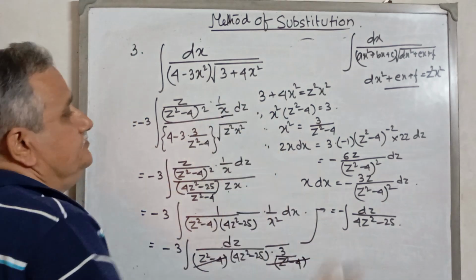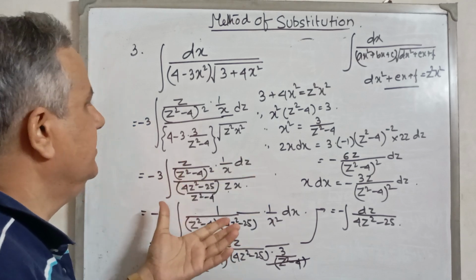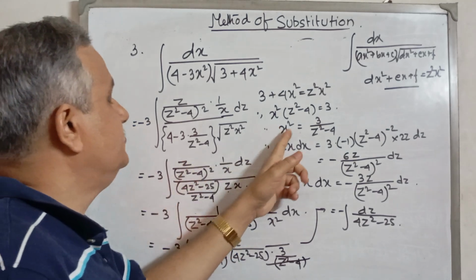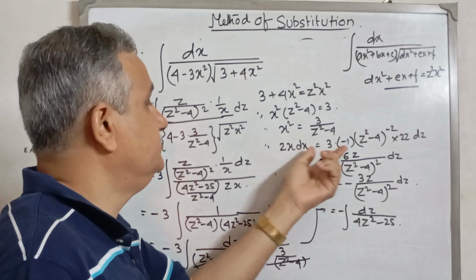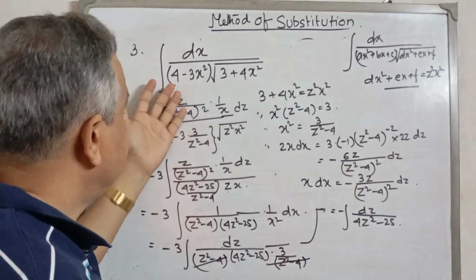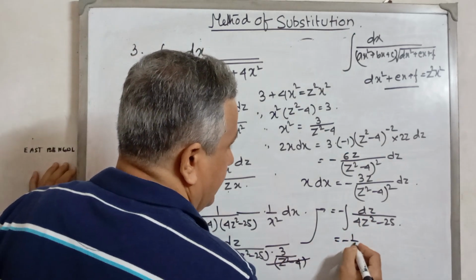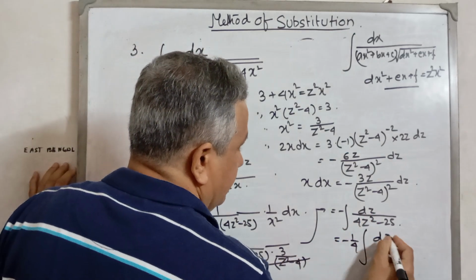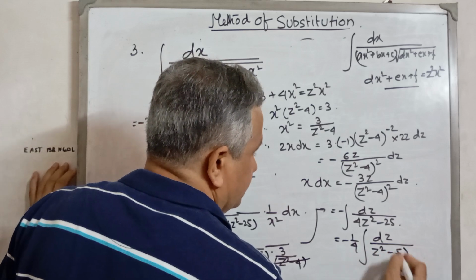Right. Simply the slightly lengthy calculation here. So x square is 3 by z square minus 4. So 2x dx is that. Now just substitute this value. Now it becomes the standard form 1 by 4 dz by z square minus 5 by 2 whole square.